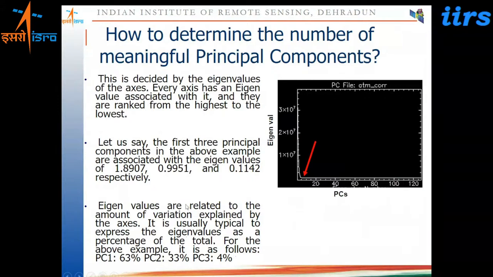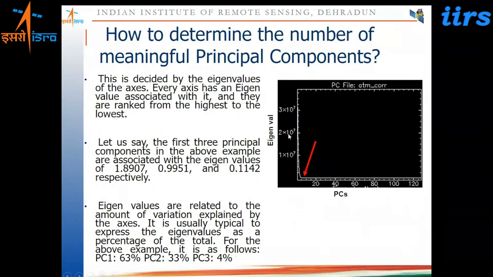But do remember, these PCs are not operating in the wavelength domain. So the characteristics of the typical wavelengths, or the wavelength absorption dips, won't be present in the principal components. For that, you have to inverse the PCs back to the wavelength domain.